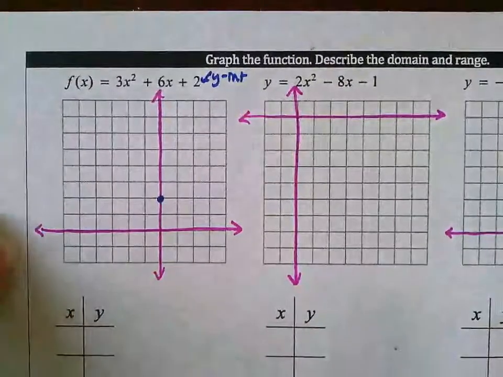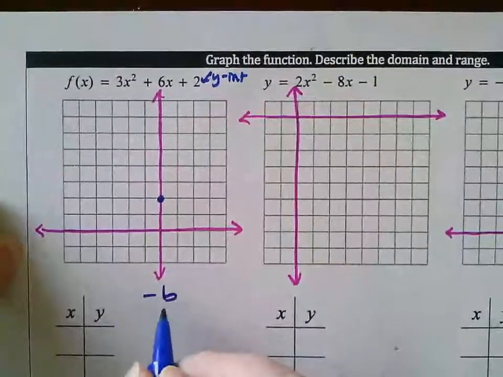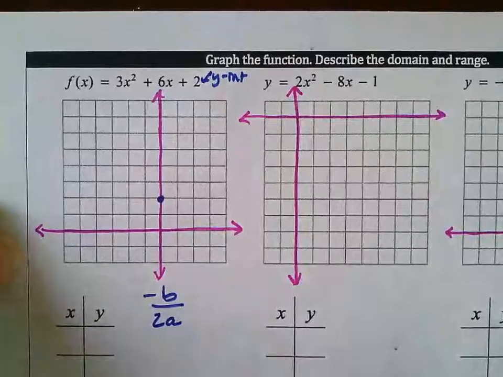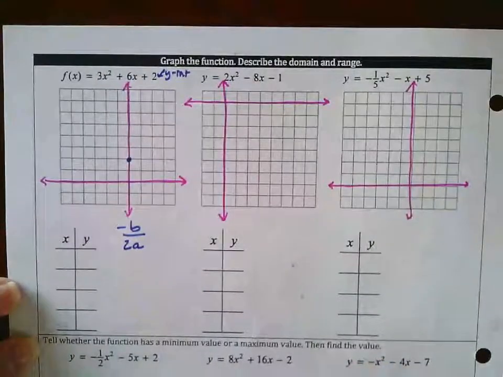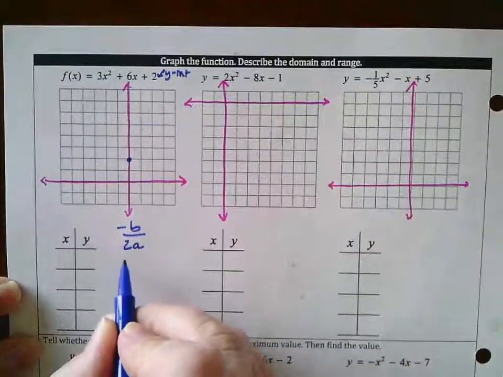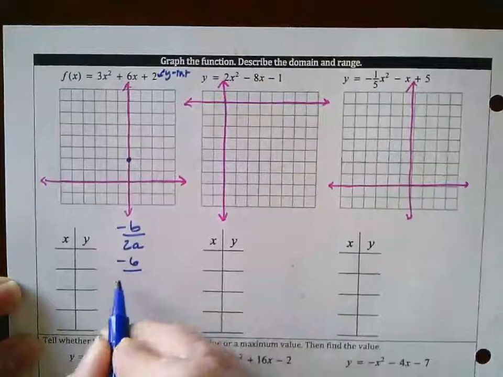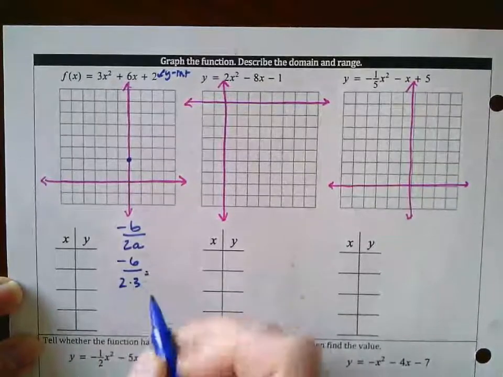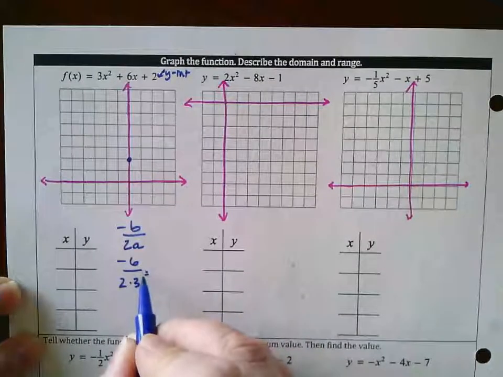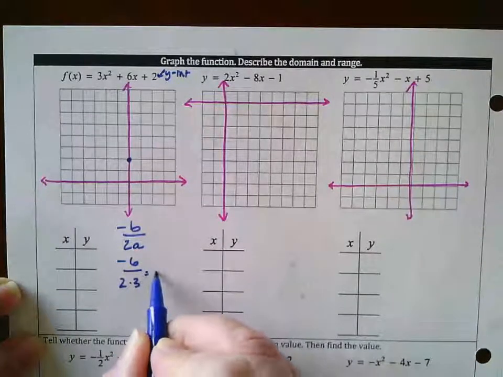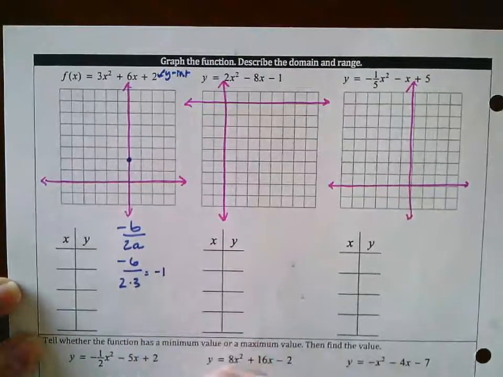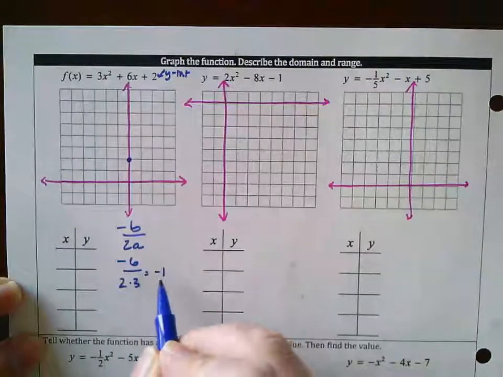But I want to figure out where that's at. So I'm going to do my negative b over 2a. Let me zoom out a little. Negative b over 2a. And so when I do that, I actually get negative 6 over 2 times 3, which is negative 1. And I know that that is where my vertex is.